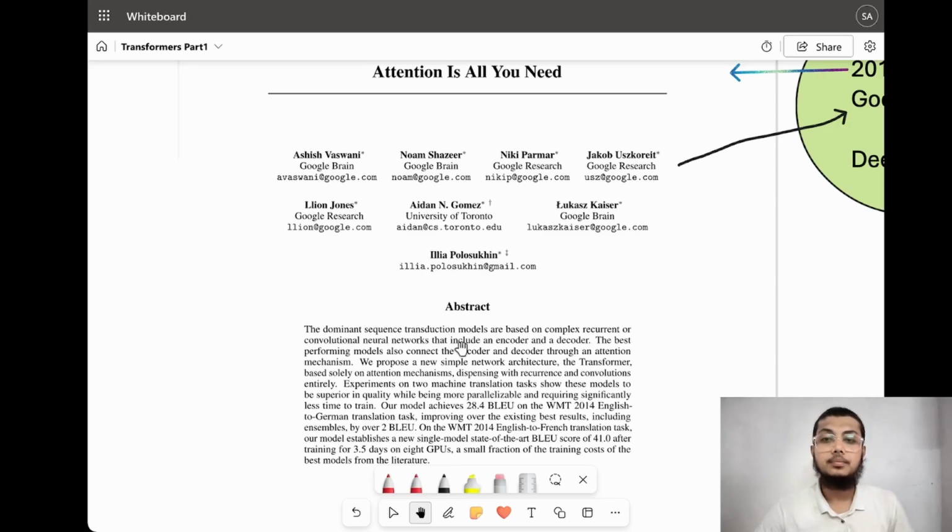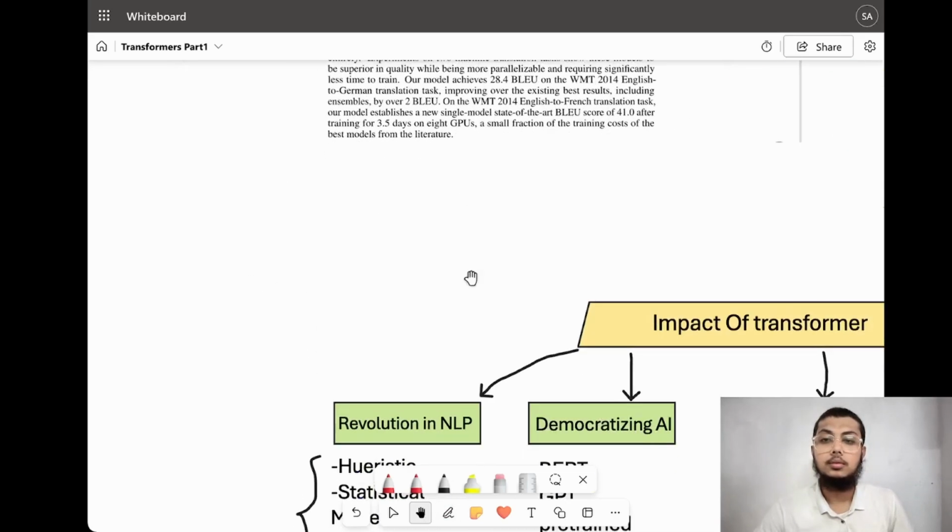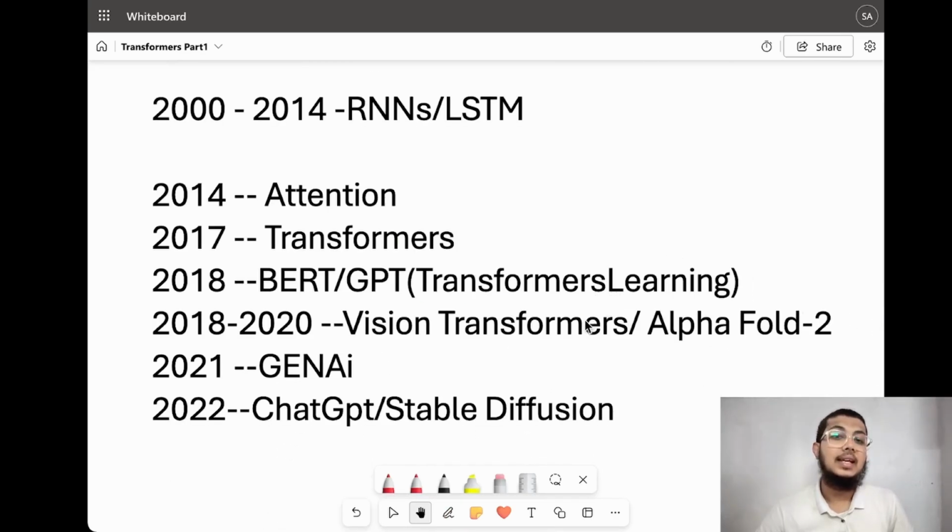After that, in the next 2 years, from 2018 to 2020, the concept of transformers was introduced in different domains. At this time, a lot of work was done on transformers, and many science and structural biology based models came out, such as DeepMind's AlphaFold 2.